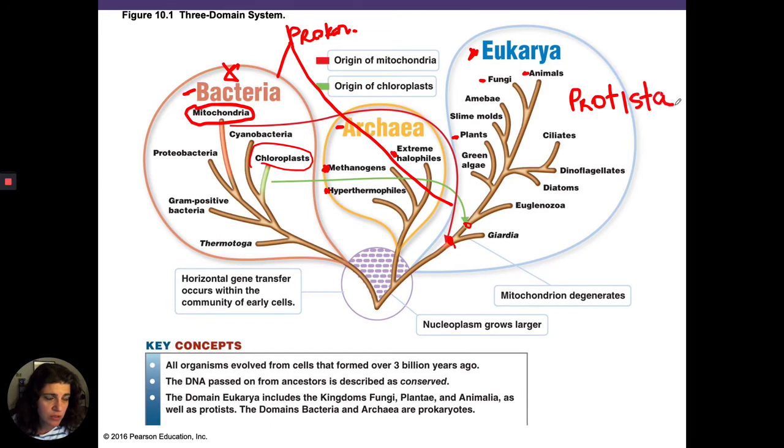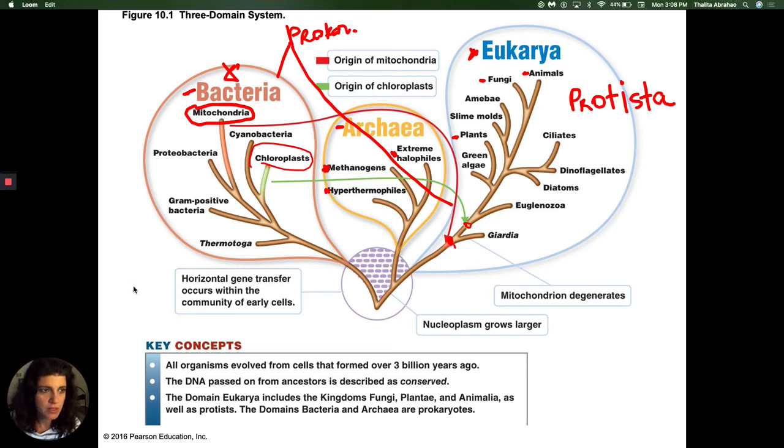What is the kingdom Protista? It's a catch-all group of anything that is a eukaryote and it's not a fungus, an animal, or a plant. Is it that simple? So even if they're not really close together or related, you still call them in the same kingdom? Yes.